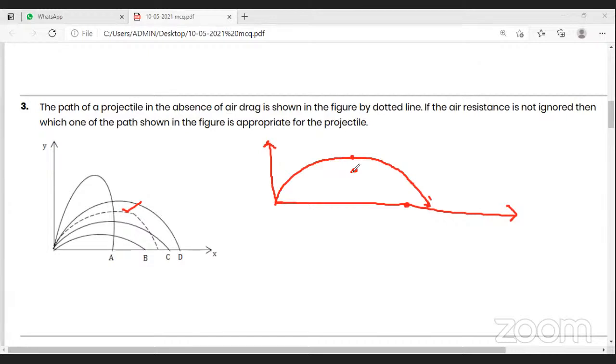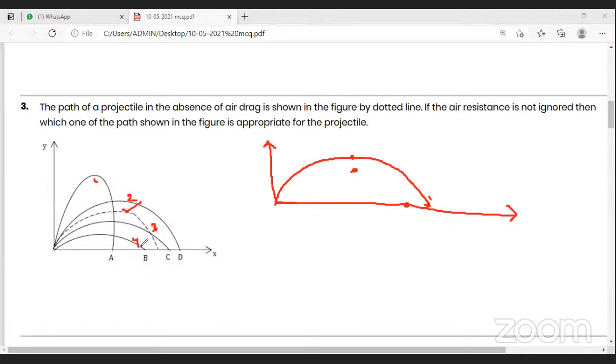Which graph indicates such a one? Let me consider 1, 2, 3, 4 like this. Then which indicates the correct one? Fourth one. 4 only. Very good. So in all these 4 cases, you observe in which case maximum height decreases from the dotted line and also range decreases from the dotted line.